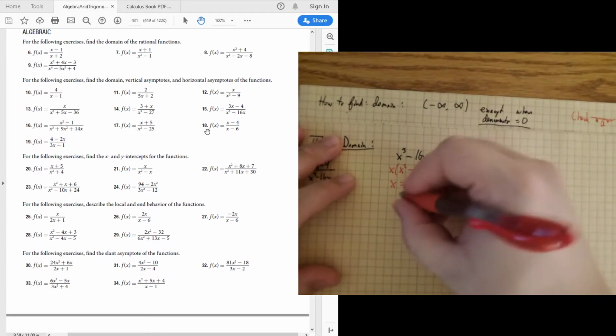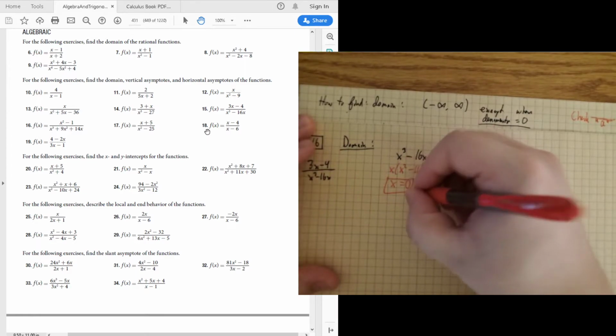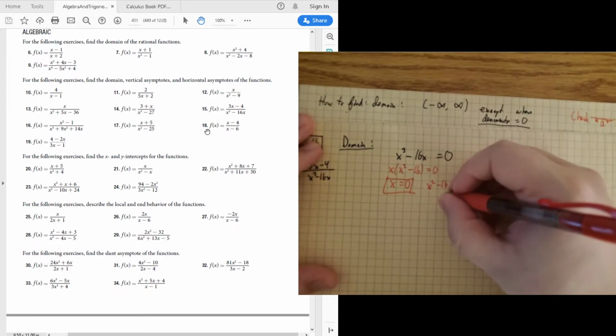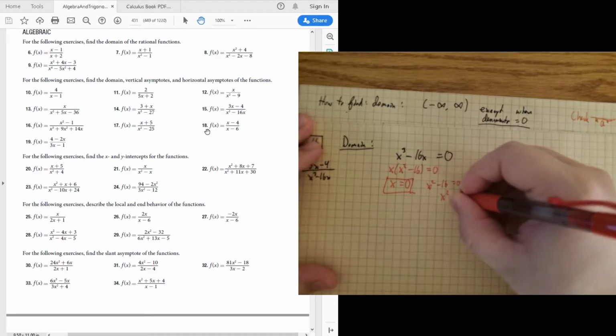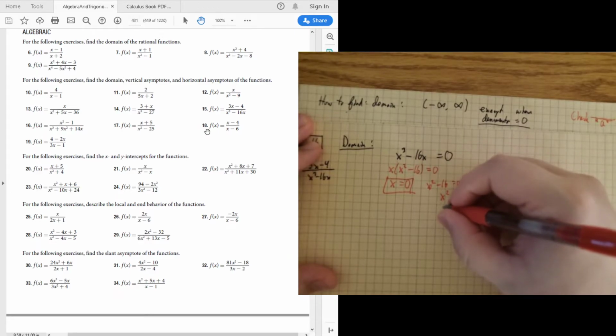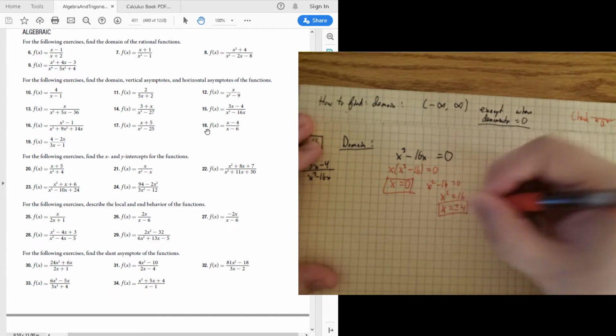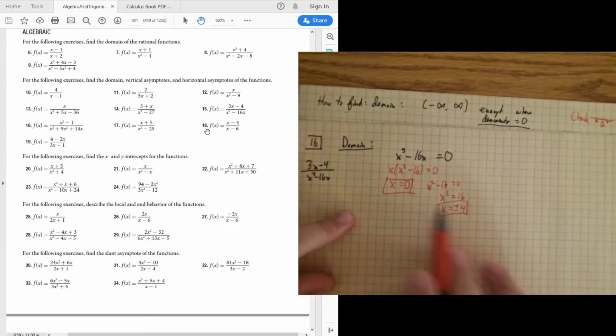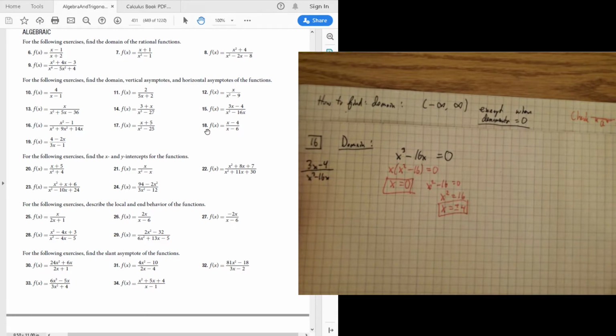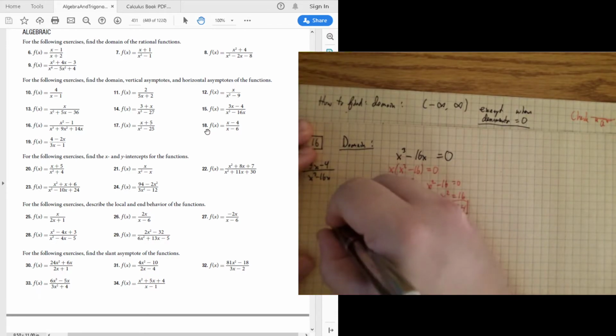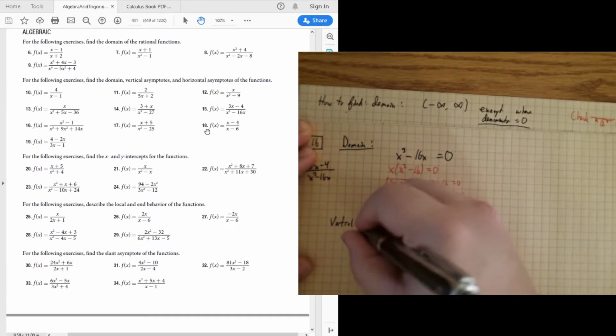Now, I know this first one is a place where I'm going to have problems. I can take the second one and solve it. I add 16 to both sides, take a square root. So this tells me there's going to be 3 problems in the domain. And because there's going to be 3 problems in the domain, I now know those are also going to be places where I'm going to have vertical asymptotes.